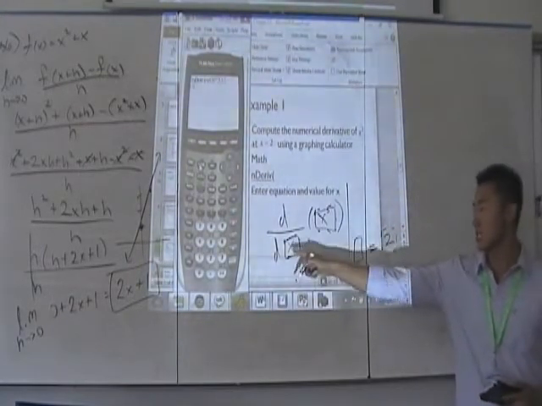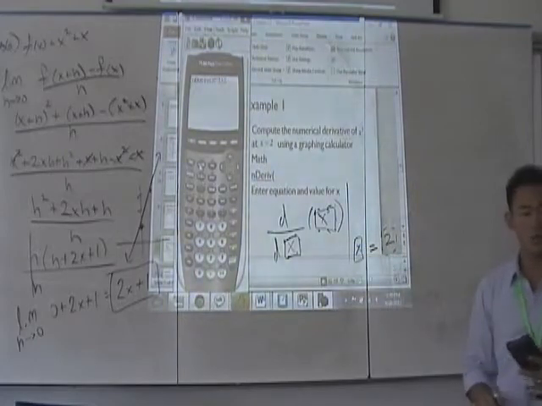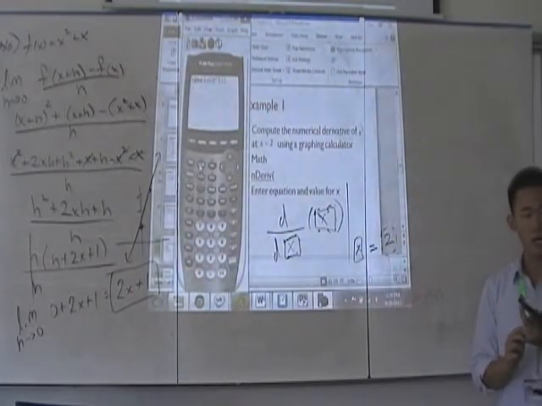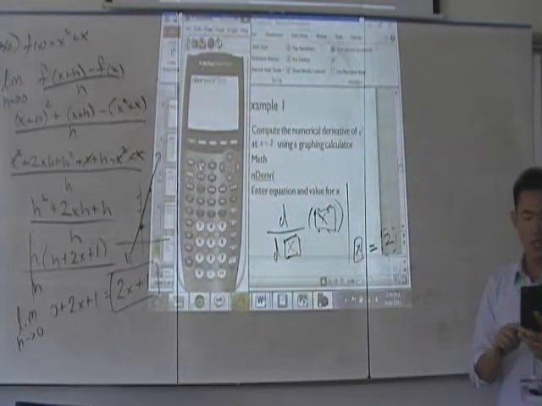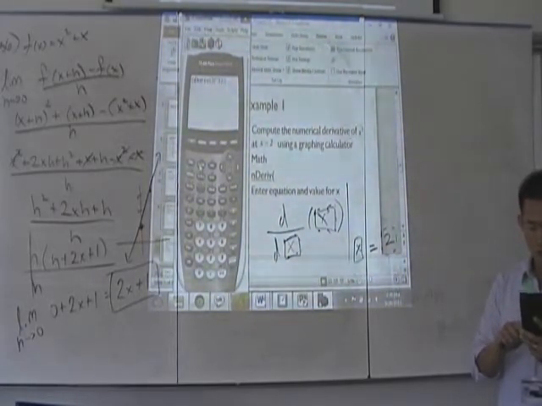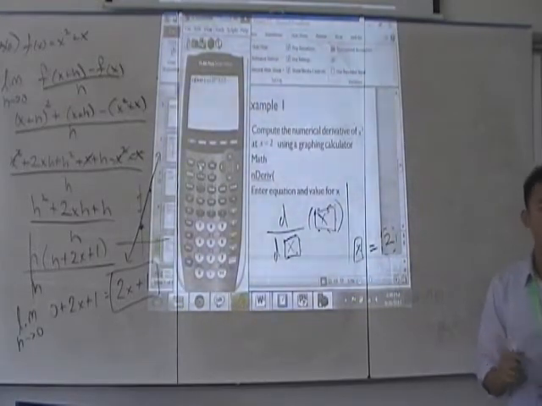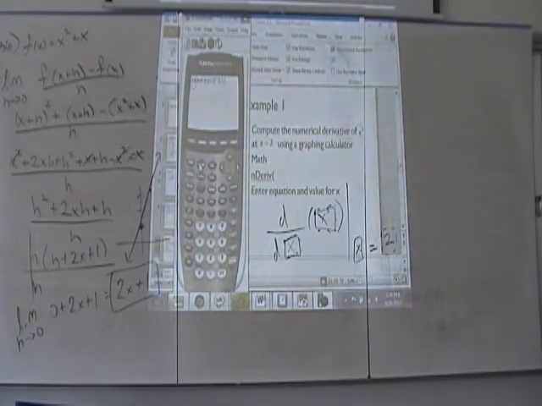Once you plug x in here, this should automatically turn into an x. And if you hit enter, you get 12.00001 or something like that. The derivative is 12.